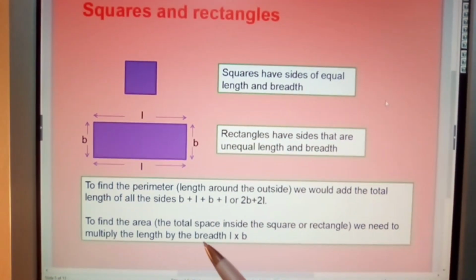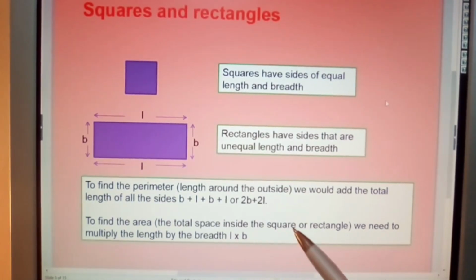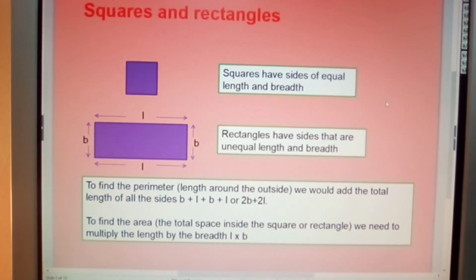To find the area of the total space inside the square or rectangle, we need to multiply the length by the breadth, L times B.